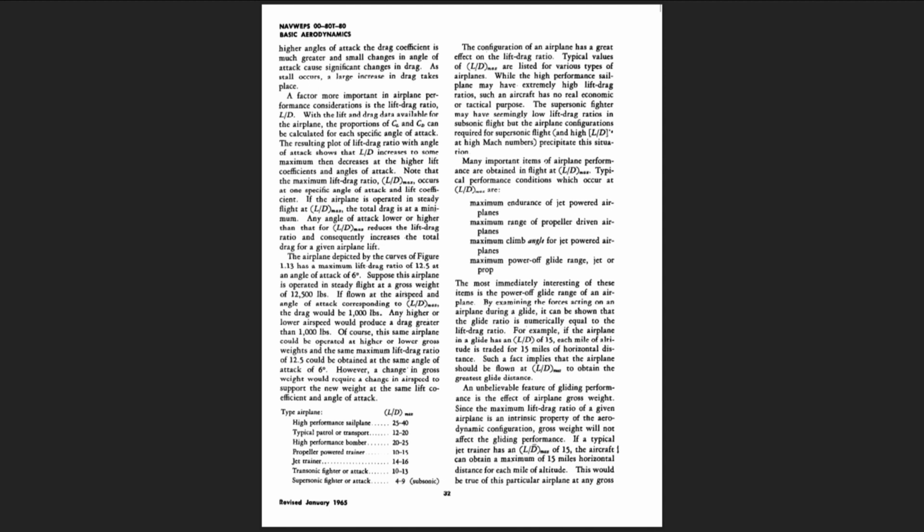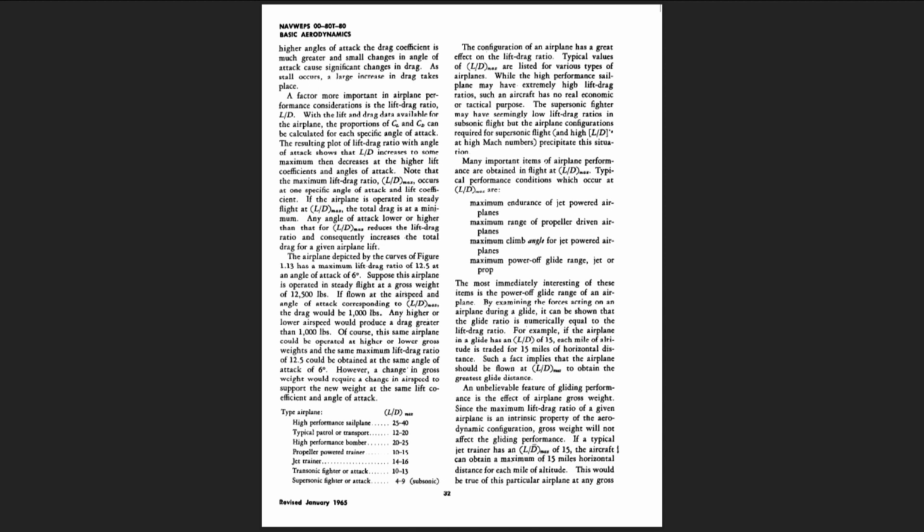Type of airplane: high-performance sailplane. L/D max 25 to 40. Type of airplane: typical patrol or transport. L/D max 12 to 20. Type of airplane: high-performance bomber. L/D max 20 to 25.